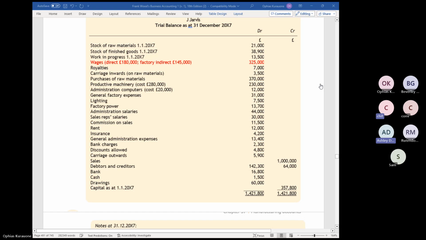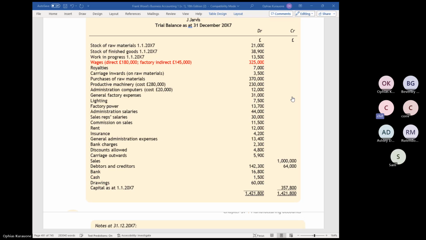Commission on sales 11,500. Rent 12,000. Insurance 4,200. General expenses 13,400. Bank charges 2,300. Discount allowed 4,800. Carriage outwards 5,900. Sales 1 million.